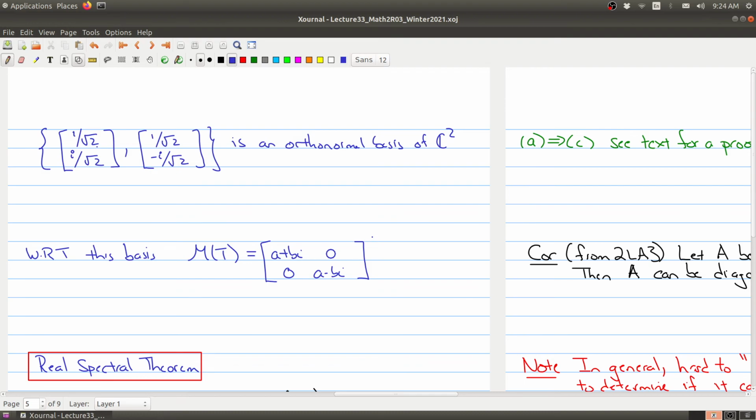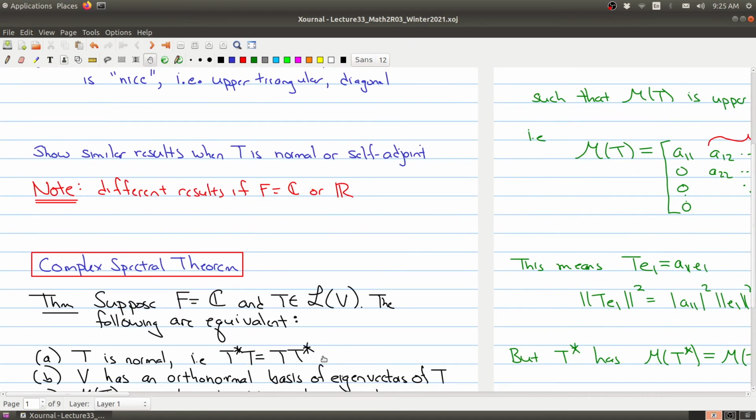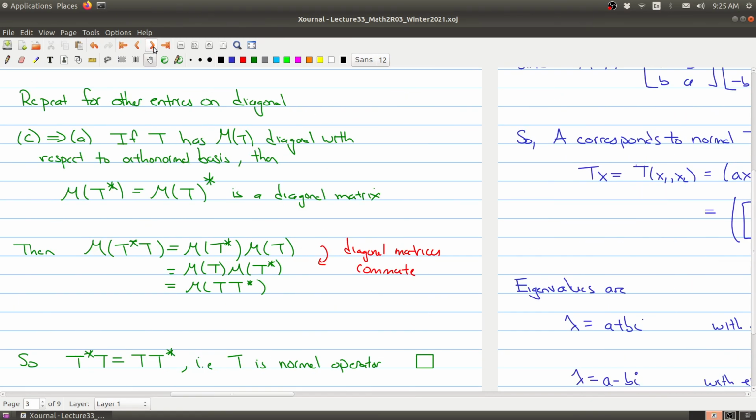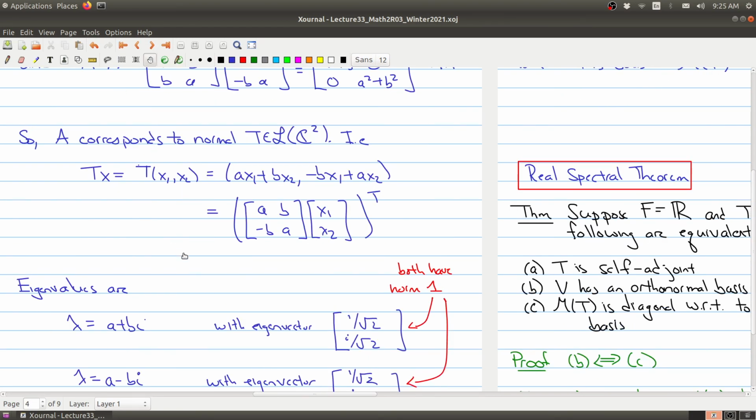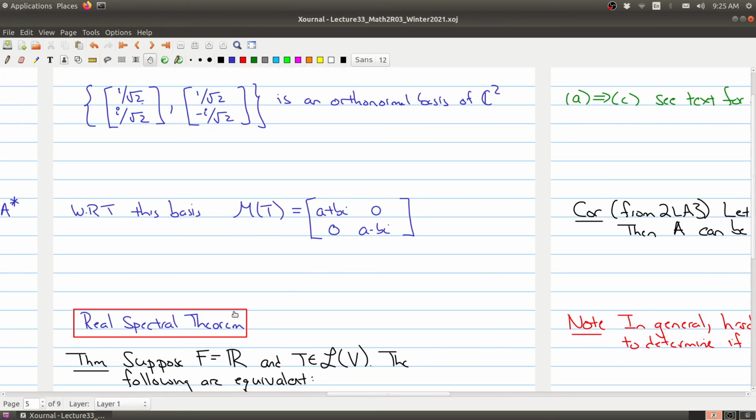There are maybe some details you might want to convince yourself of, but this gives you an example of the complex spectral theorem: if you have a normal operator, you can find a basis to make the matrix diagonal. When we come back after the break, we will talk about the real version of this theorem.